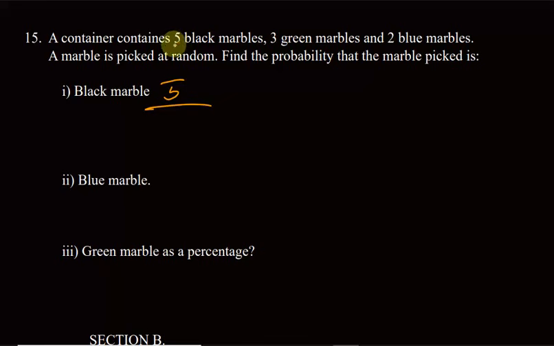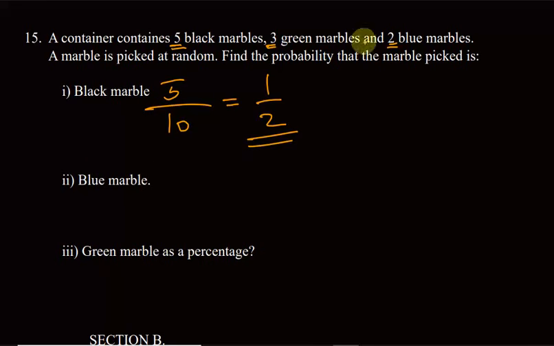What is the total? Total is 5 plus 3 plus 2, which is 10. This is the probability. When you simplify this, it's the same as a half. That is our answer.